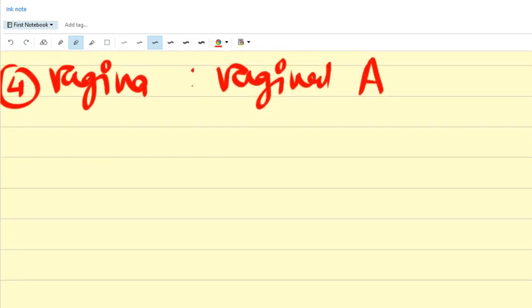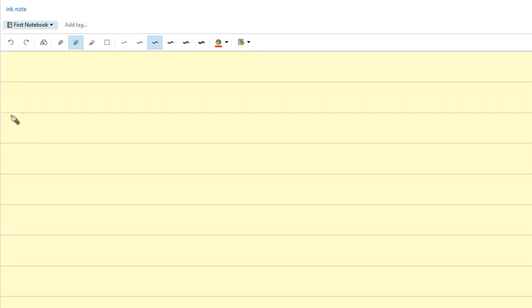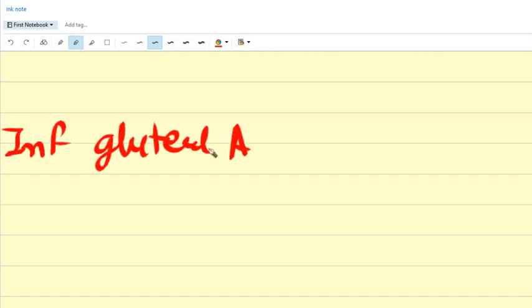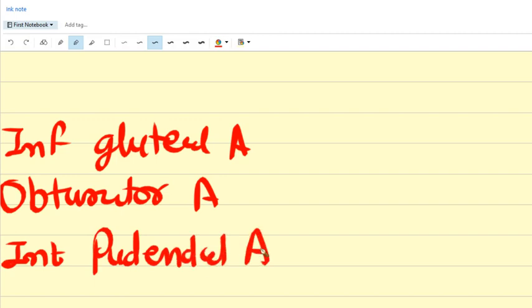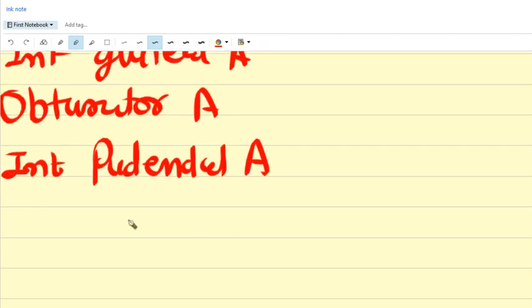Now somatic branches: inferior gluteal artery which supplies the inferior gluteal muscle, obturator artery which supplies the obturator muscles, internal pudendal artery which supplies the perineum.